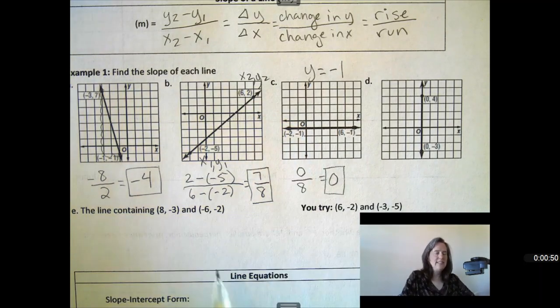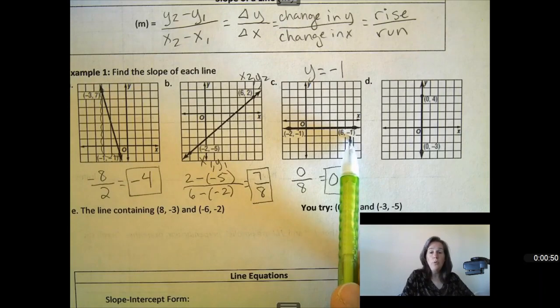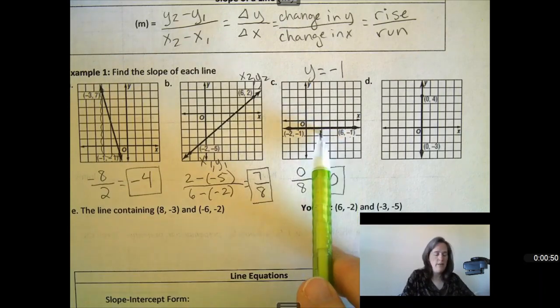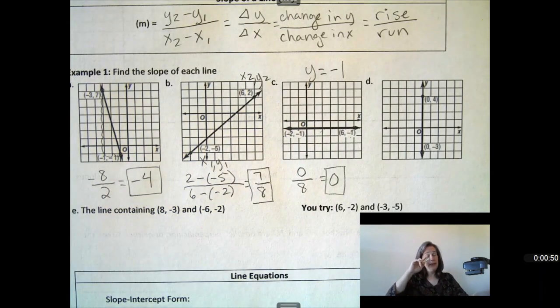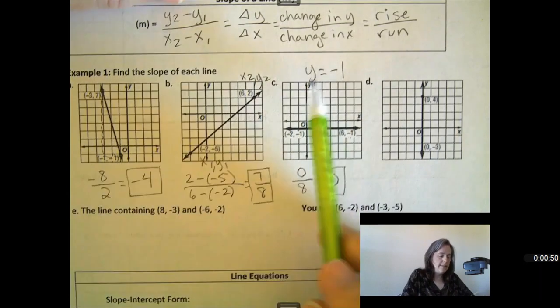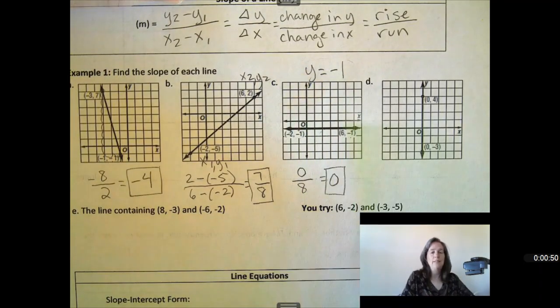I could say if x is 6, what's y? Well, it's -1. If x is 2, what's y? -1. If x is -2, what's y? So all across that line, the y's are -1. And that's why when we write the equation, we don't even mention x. It doesn't matter. Whatever x is, y is -1.